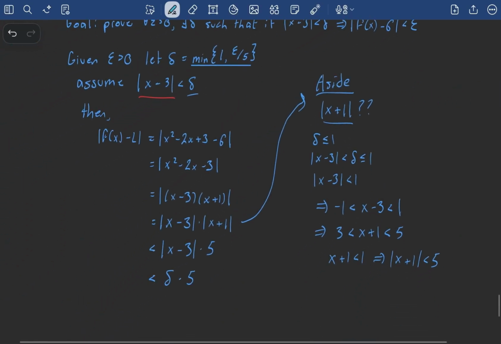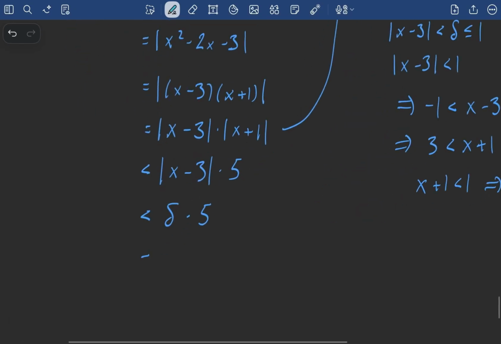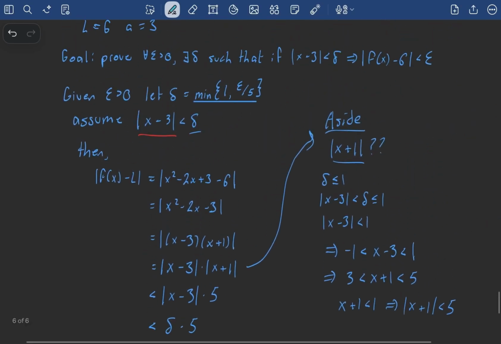Taking the delta value to be the minimum of 1 and epsilon over 5, we can replace that with, this will be less than or equal to, because remember, if delta is the minimum of 1 and epsilon over 5, that means it is either equal to epsilon over 5 or it is less if 1 ends up being less than epsilon over 5.